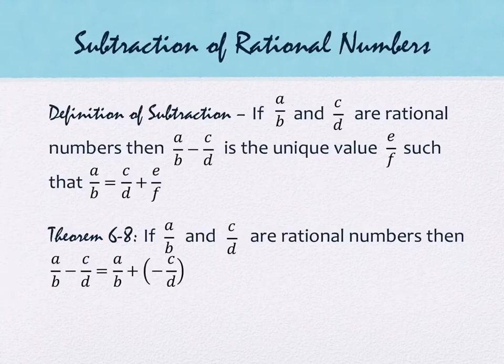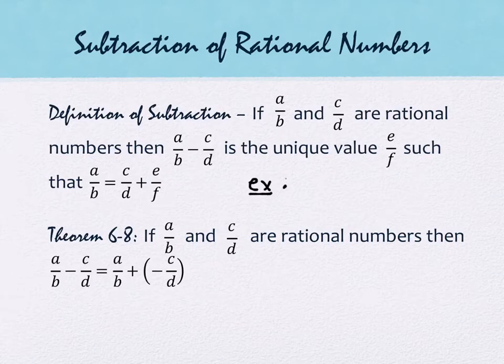So we're going to start with the definition of subtraction. If a over b and c over d are rational numbers, then a over b minus c over d is the unique value e over f such that a over b is equal to c over d plus e over f. I'll give you an example with whole numbers because it's easy to see why this describes subtraction.